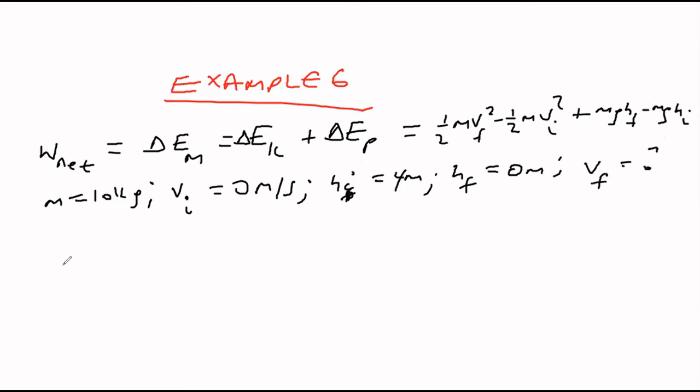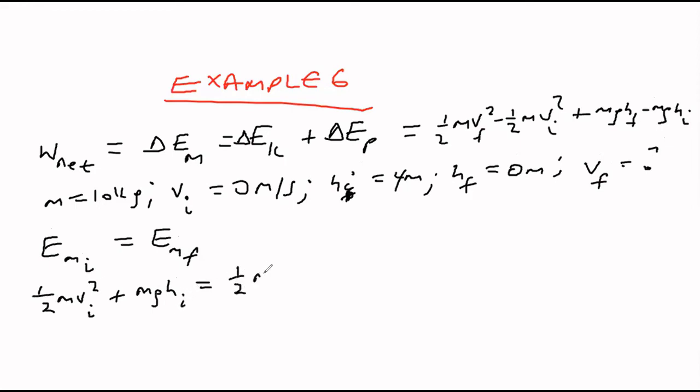So let's calculate V final. We can say EM initial is equal to EM final, which means mechanical energy initial equals mechanical energy final. We have half mv initial squared plus mgh initial equal to half mv final squared plus mgh final.